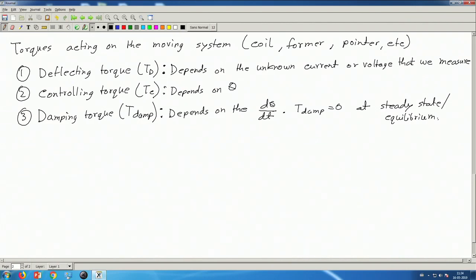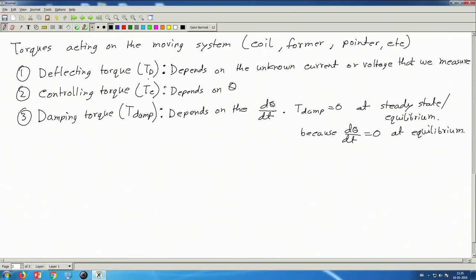If the pointer stops at any position, if the coil stops at any position, then d theta dt will be equal to 0, because this velocity is equal to 0 at equilibrium. That means, when the pointer has stopped, only these two torques are active, and they should be equal and opposite in magnitude.